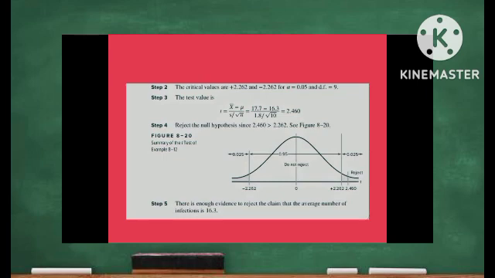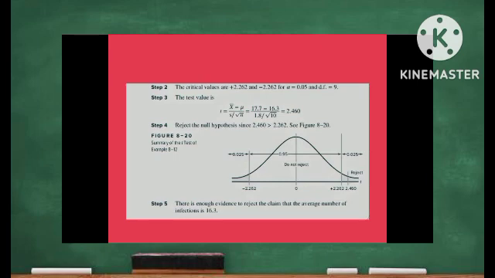Step 3, the test value. For finding our test value we need to use its formula. The formula is the test value equals the sample mean minus the mean, over the sample standard deviation divided by the square root of the number of infections.